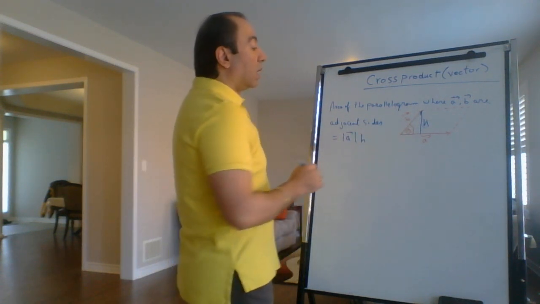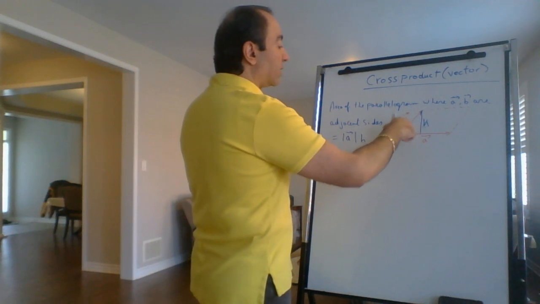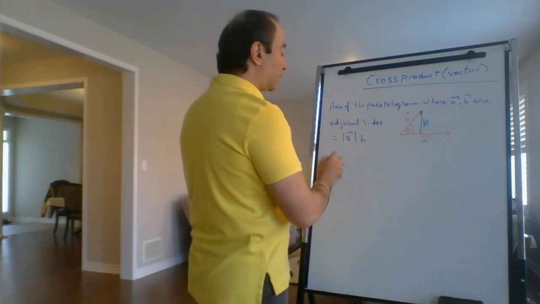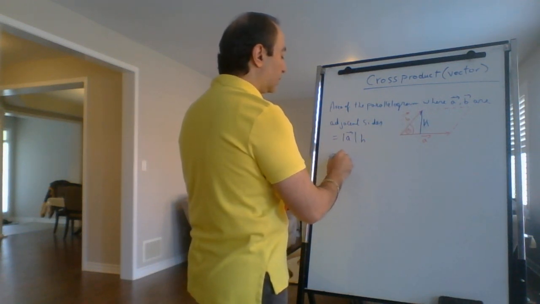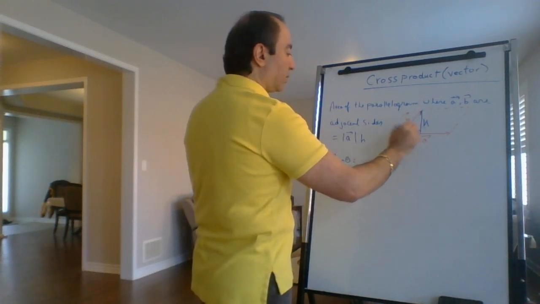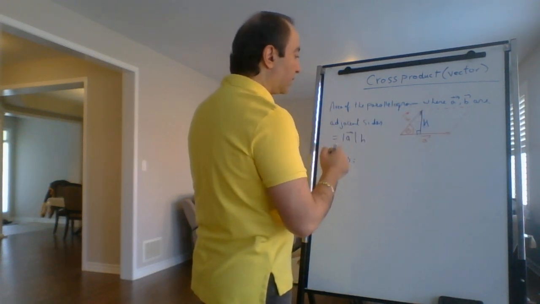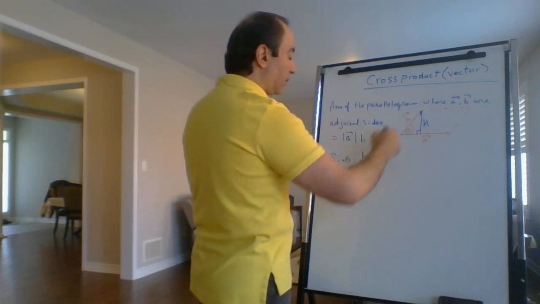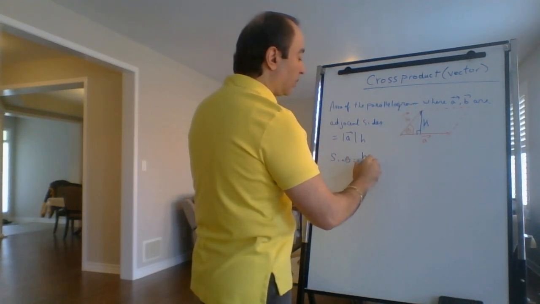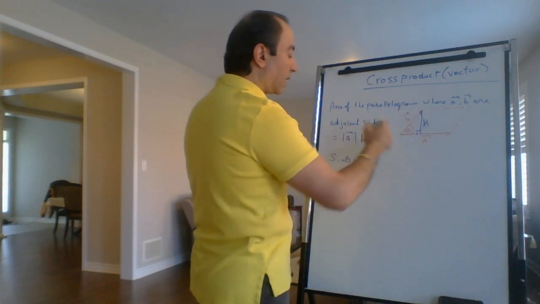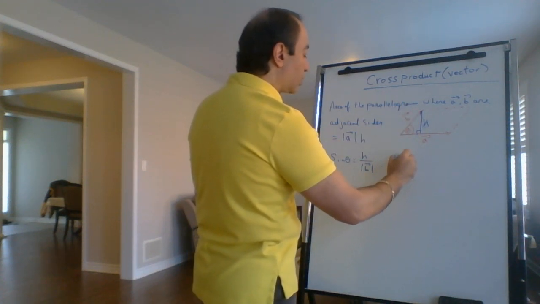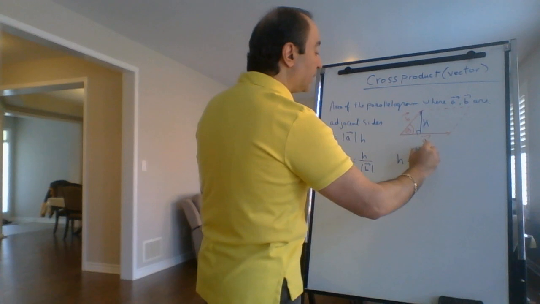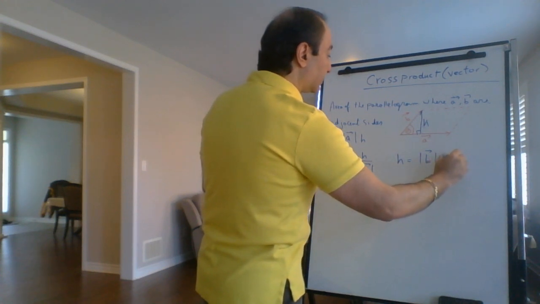If we look at this right triangle, we know that sine theta equals h divided by the magnitude of B, opposite over the hypotenuse. This is a right triangle because the height has to make a 90 degree angle with the base. So I can say that h equals the magnitude of B sine theta.